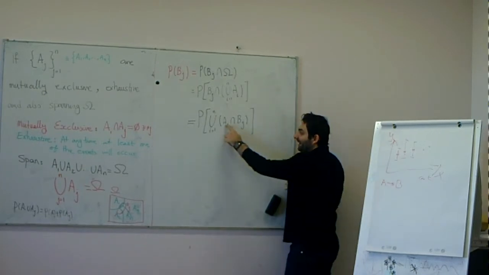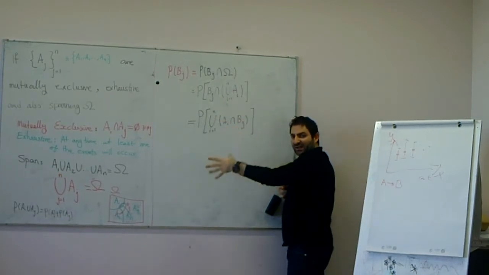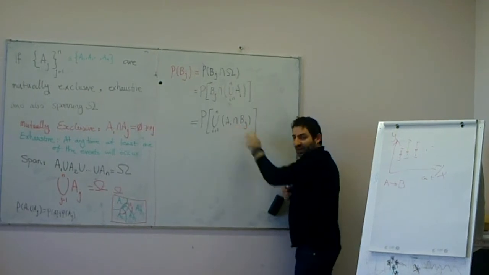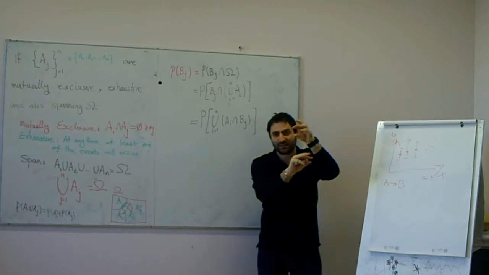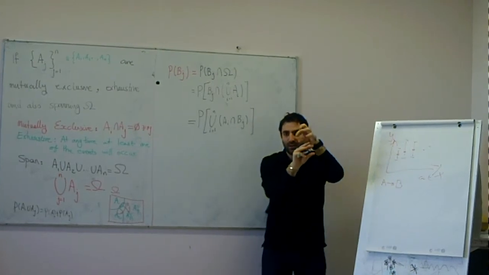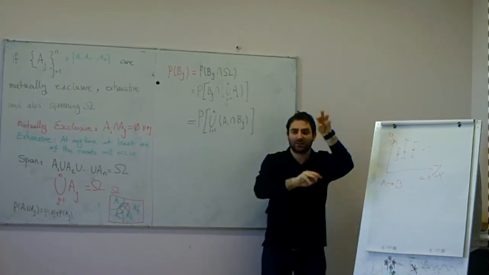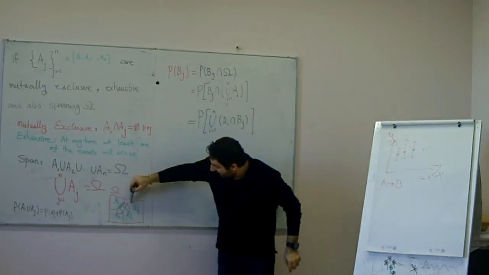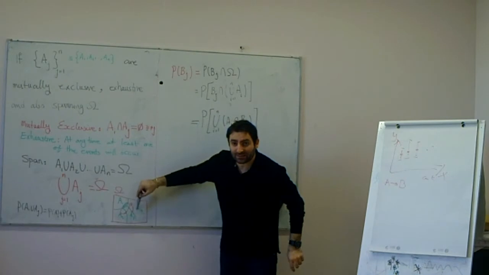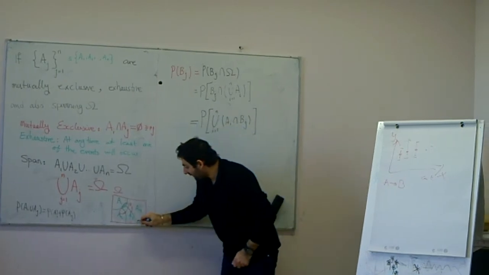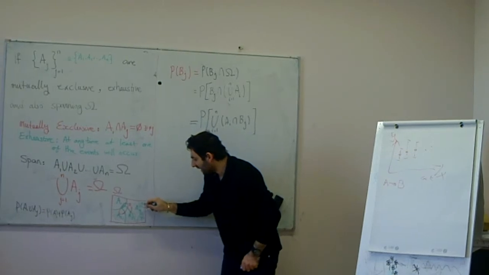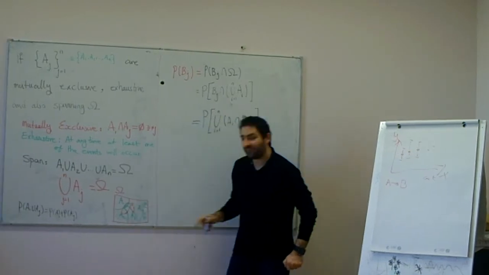Look, the A_i's are mutually exclusive. When I intersect with B_j, I get lots of small parts, but these parts are not common. They don't have common elements because the A_i's do not have any common elements. Of course, we can have a term like A5 and also A6. Can you tell me what is the intersection of B_j and A5 and A6?